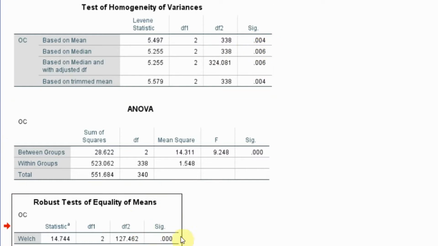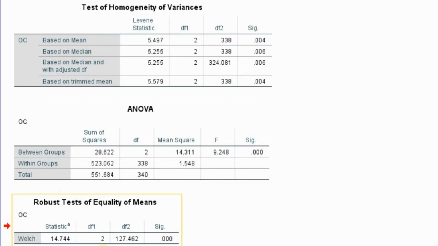So what do we mean by this significance here? Accordingly, this significance means there are significant differences in organizational commitment across the three job ranks. That is, the organizational commitment differs across the three job ranks.